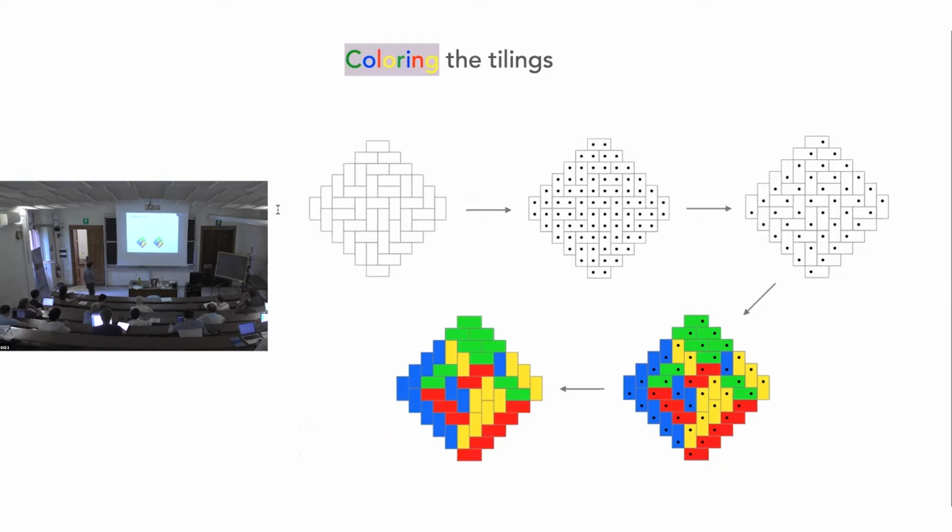Then we remove half of the dots, and by doing this we see that every domino contains exactly one dot, and this dot can be either on the left or on the right part of a horizontal domino, or on the bottom part or the top part, and that yields 4 varieties of dominoes, and we color them according to where the dot is. So green for this kind, green, red, blue, and yellow. And so we end up with the pictures that probably many of you have seen before, these 4-color tilings.